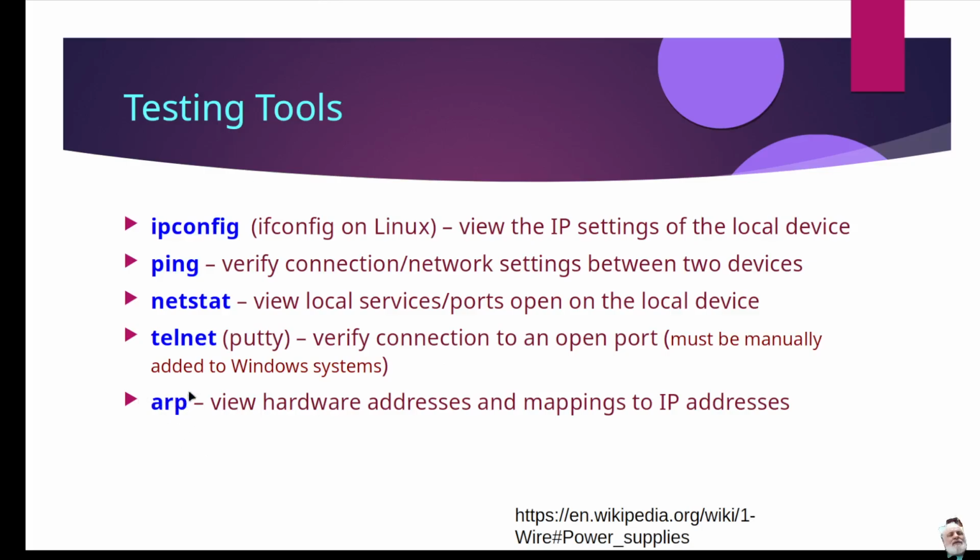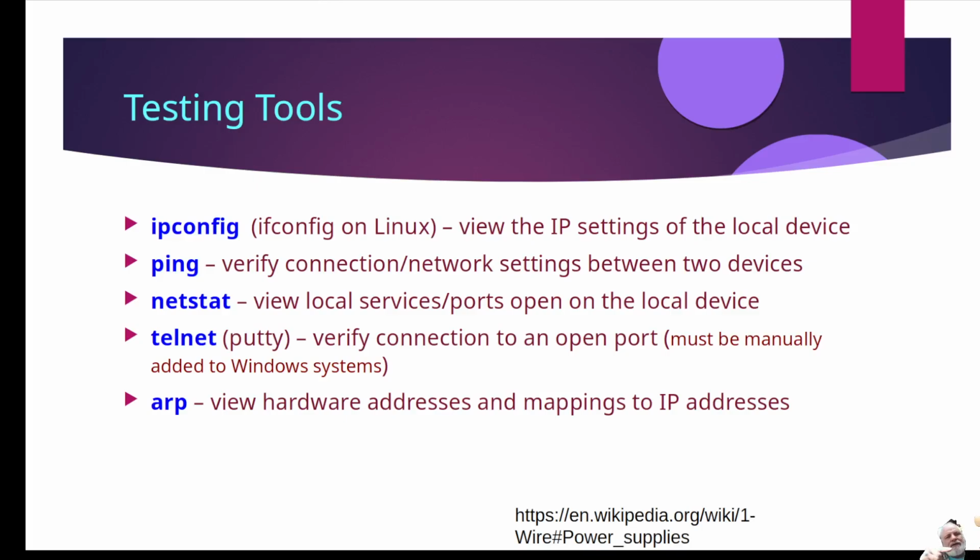And the last one here is ARP. ARP stands for Address Resolution Protocol, and what this does is it gives you a mapping between the Ethernet address, that physical or hardware address at the lowest layer, and the internet layer, which is the logical addresses.